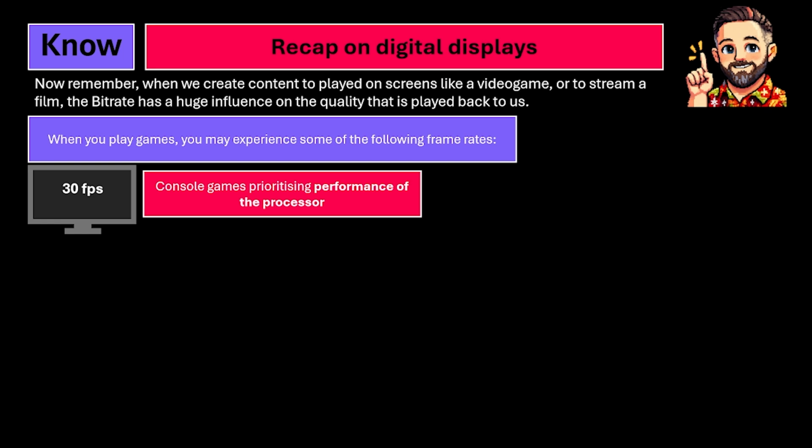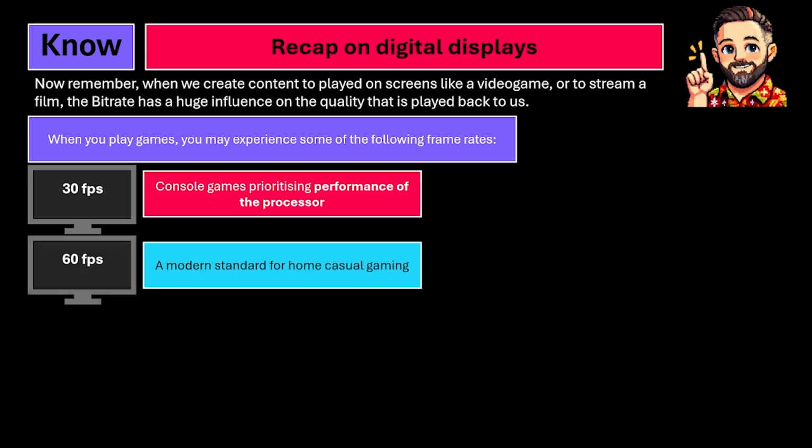Today we actually have a lot more that's considered the minimum expected standard, and that would be 60 frames per second for a modern standard for home casual gaming. So a typical PC for casual gaming at home, for people that have a lower budget and aren't necessarily considering themselves to be avid gamers, maybe runs at 60 frames per second.